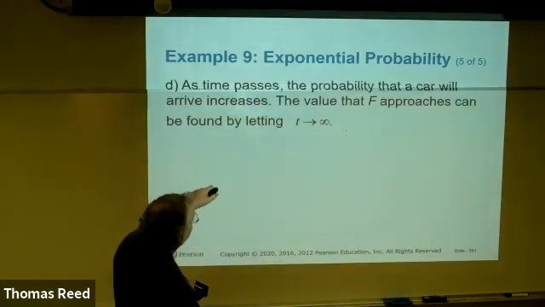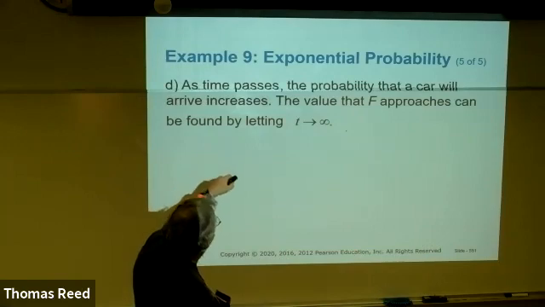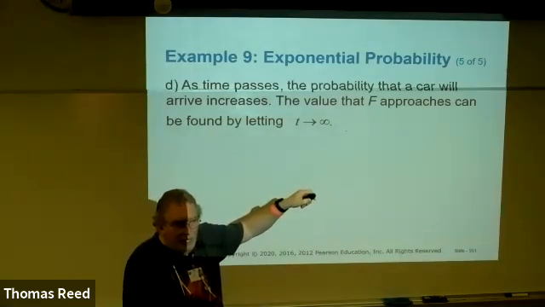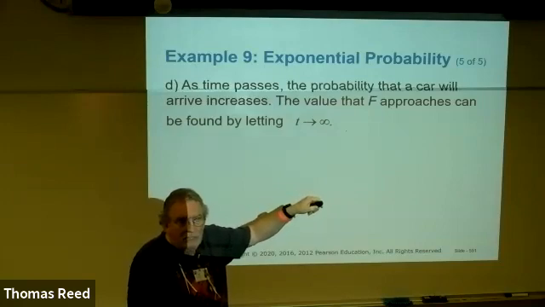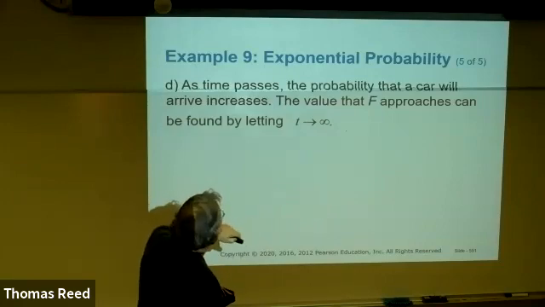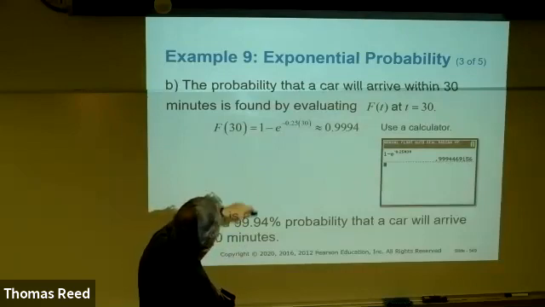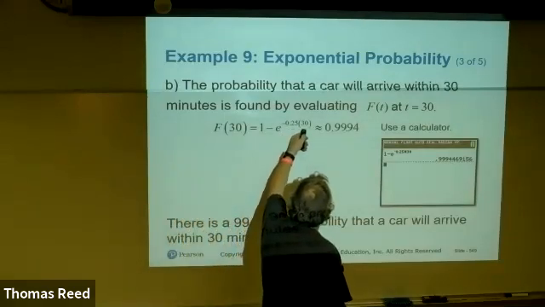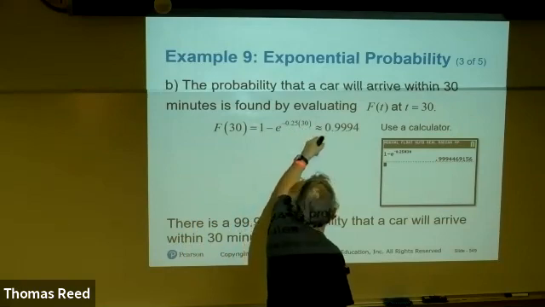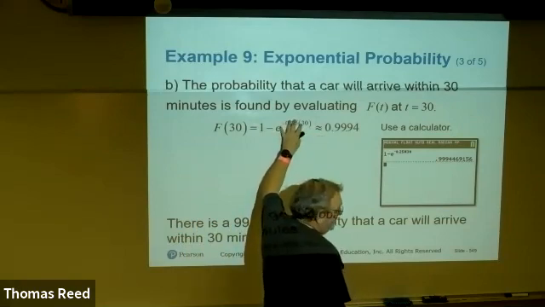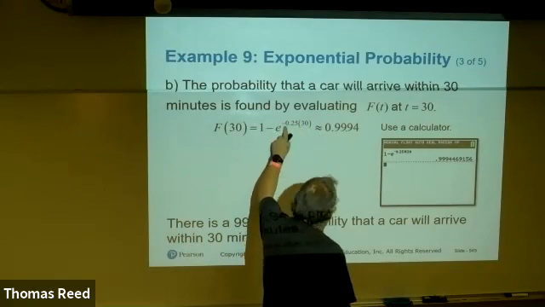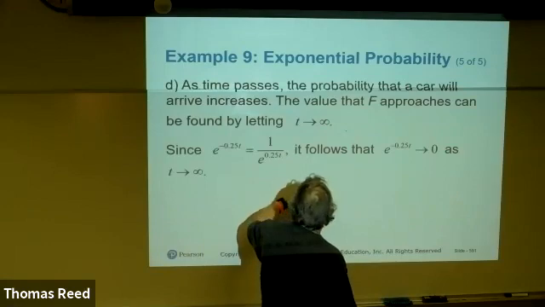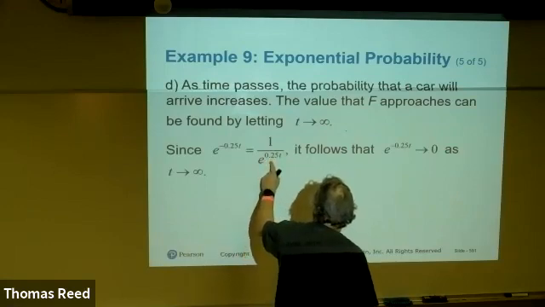Because if you look at the denominator, that e to the negative... what was the formula again? I forgot. Oh, negative 2.5T. As T gets larger and larger, this number gets smaller and smaller because of the negative exponent. It's 1 over e to that power.